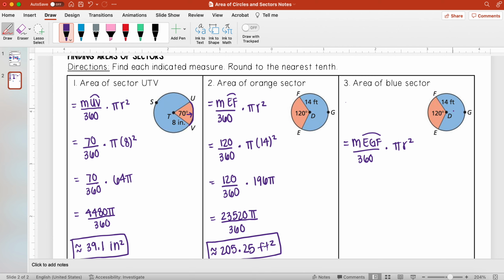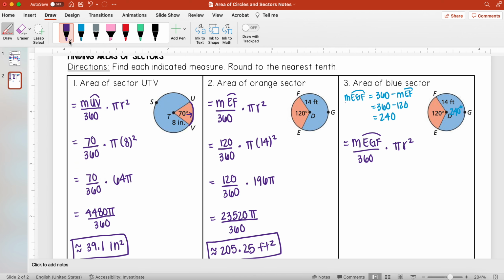However, I am not given that measure, but remember that all of the arcs of a circle add up to 360, so I can find the measure of arc EGF by subtracting the measure of arc EF from 360. So I have 360 minus 120, and I get 240. So that means that this measure here is 240 degrees.